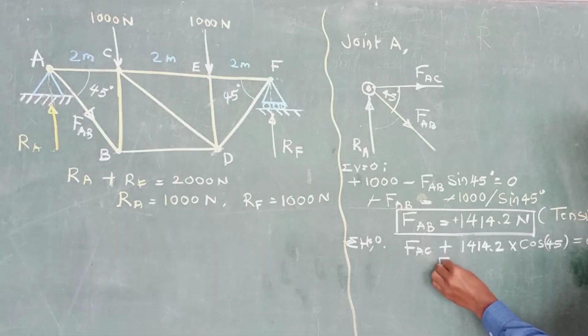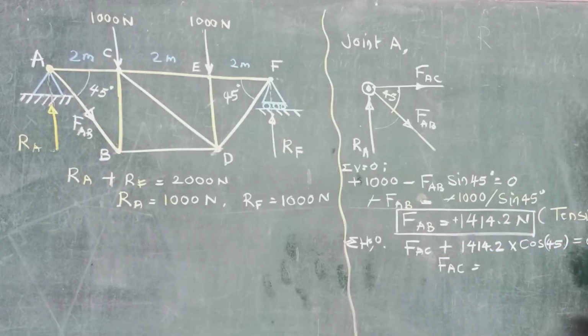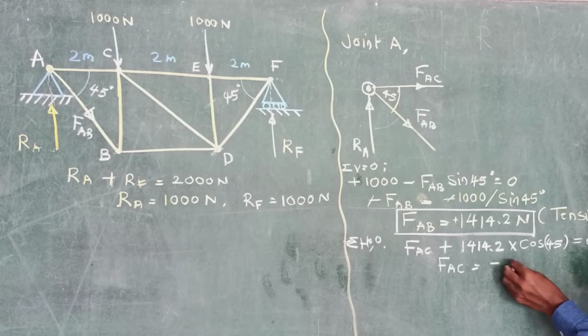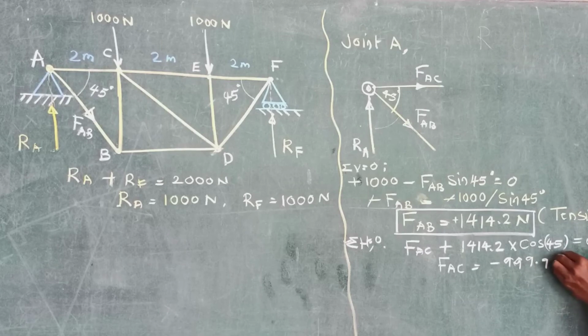Now FAC is equal to minus 1414.2 cos 45 degrees when taken to the right-hand side, so we obtain 999.99, which is approximately minus 1000 Newton.